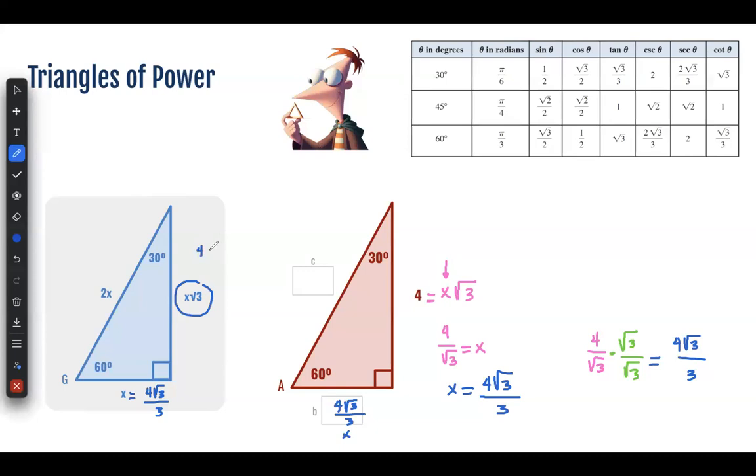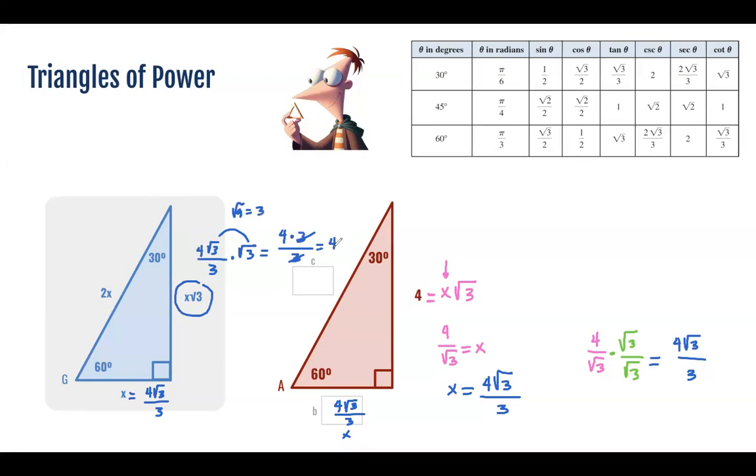We're going to have 4 times the square root of 3 over 3 times the square root of 3. So that means that we're going to end up with 4 times the square root of 9, and that is equal to 3. So 4 times 3 over 3. We cancel those out, and we get 4.